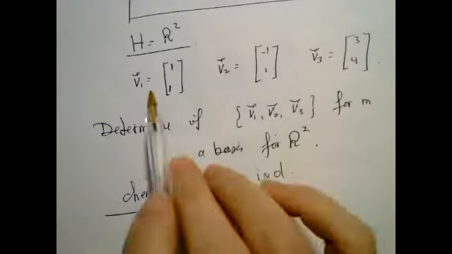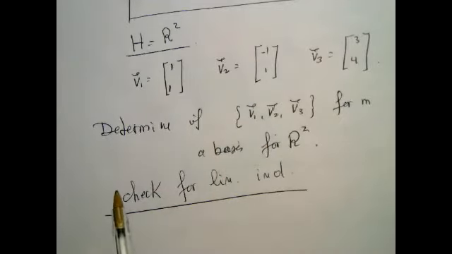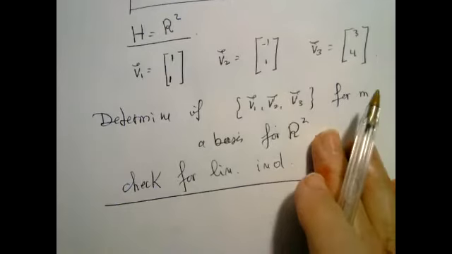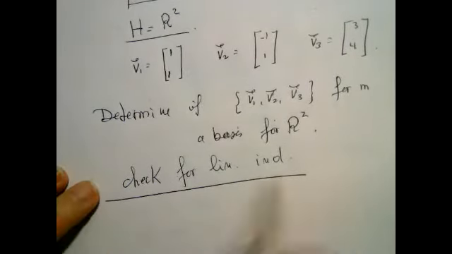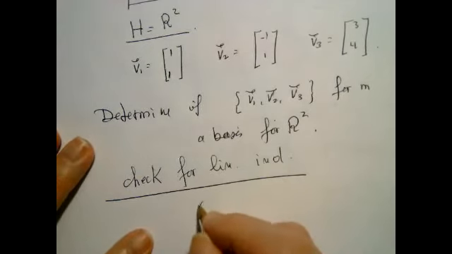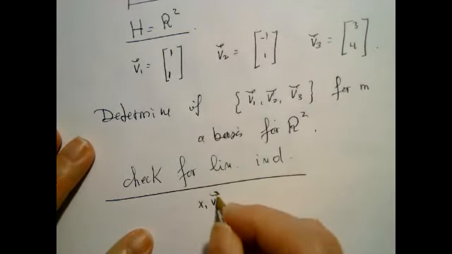How many vectors are there? 3 vectors. 3 vectors in R2. Could they be linearly independent? Let us remember the scenario, and then the rule. How do we check linear independence? We have to solve. Let us check it.